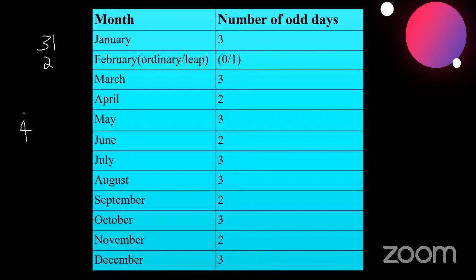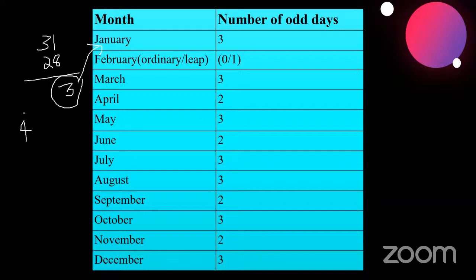So we have 28 days in 4 completed weeks. So how many are remaining? 3, ma'am. Yes, 3. That 3 is the odd day of January.